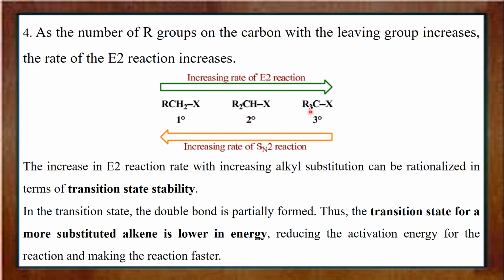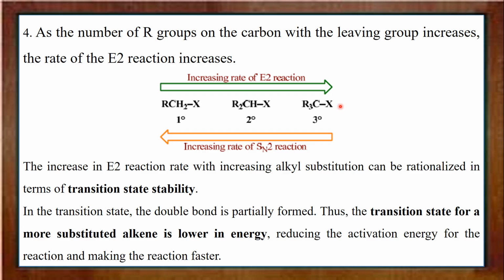This is because in the tertiary alkyl halide, the carbon is connected to three alkyl groups which are bulky in size. So there is a higher steric strain existing in this molecule. But when a base attacks the beta hydrogen, a transition state is formed in which a pi bond is partially formed.